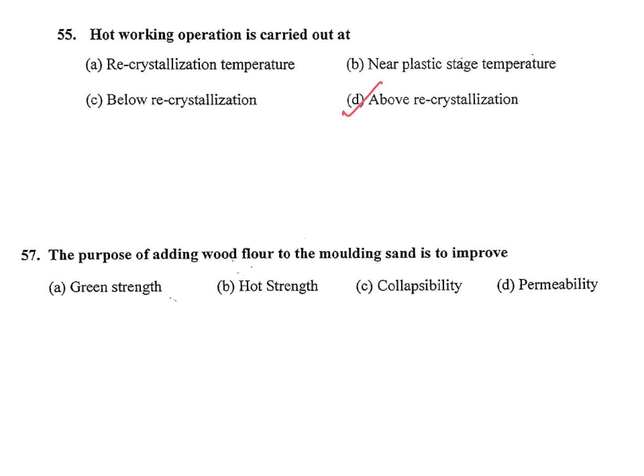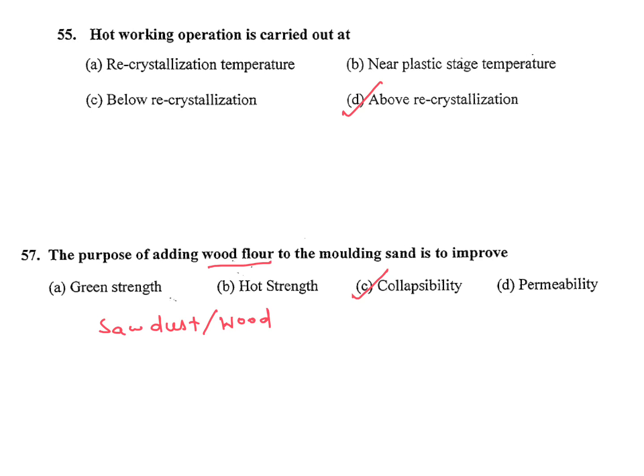Next, the purpose of adding wood flour to the molding sand is to improve: A. Green strength. B. Hot strength. C. Collapsibility. D. Permeability. Adding wood flour or sawdust improves collapsibility. This is very important for all exams.